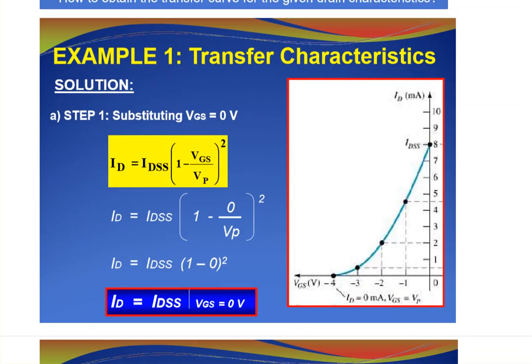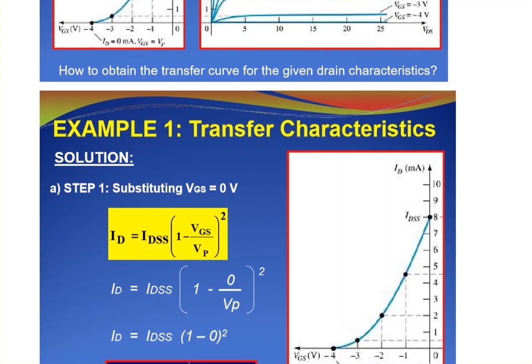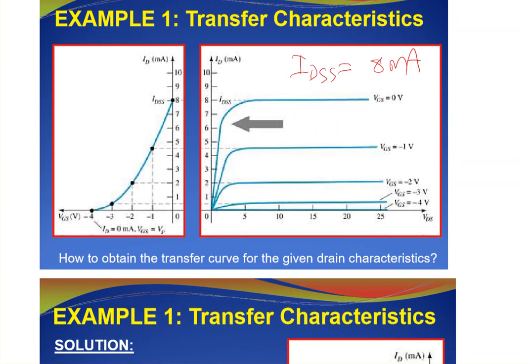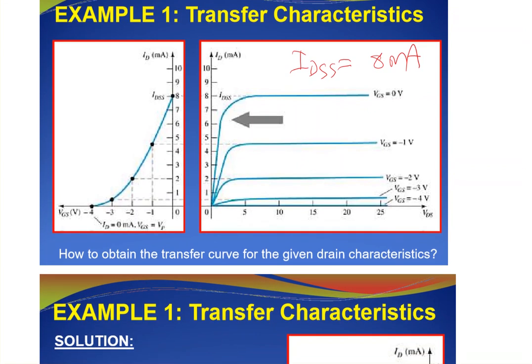As an example, I have this transistor, and in this specific transistor, at least I know that IDSS is equal to 8 milliamperes, and I know that VGS here, which is VP, is equal to the one corresponding to minus 4 volts.